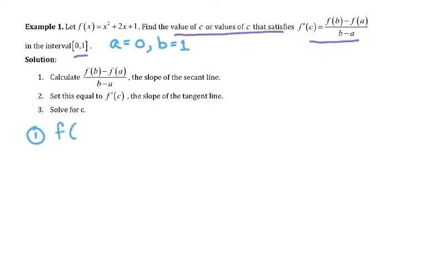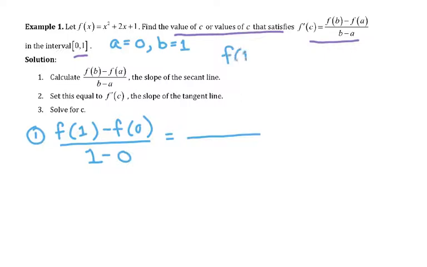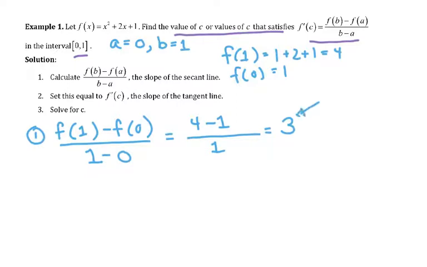So we're talking about f at 1 minus f at 0 over 1 minus 0. What is f evaluated at 1? That's 1 squared, which is 1, plus 2 times 1, plus 1, that's 4. What is f at 0? That's just 1. So the slope of the secant line is 3.